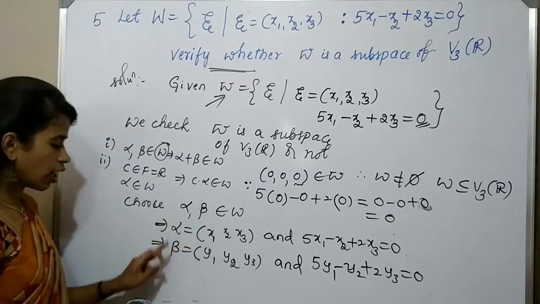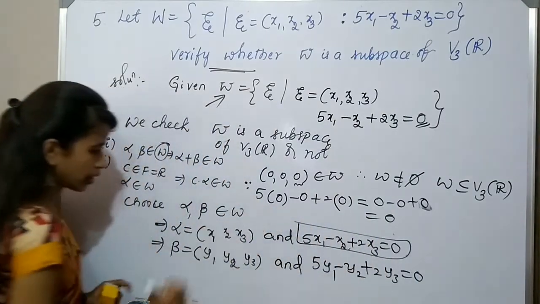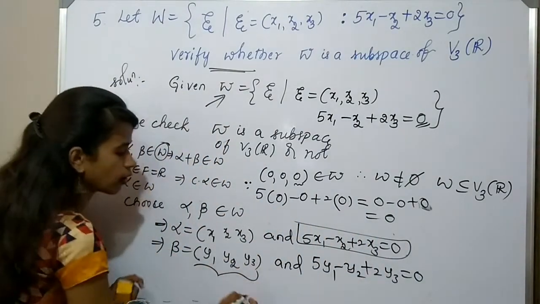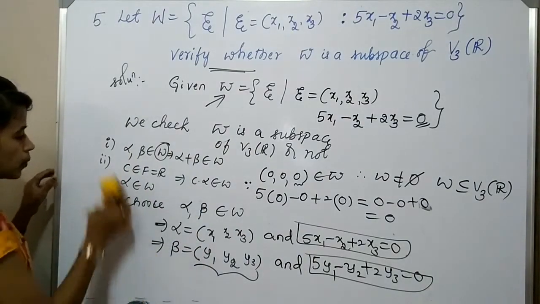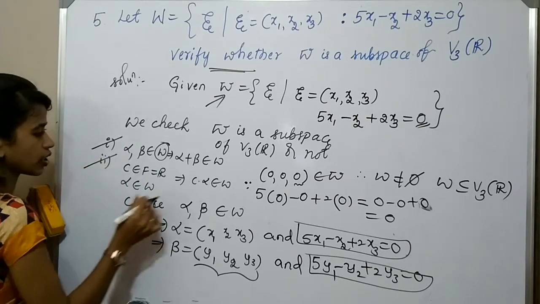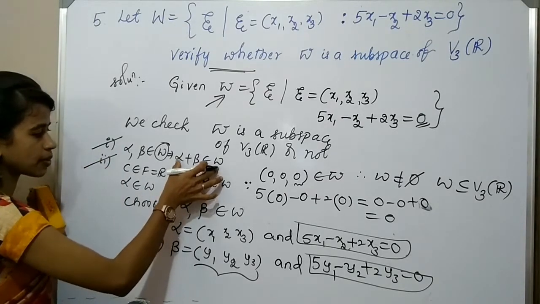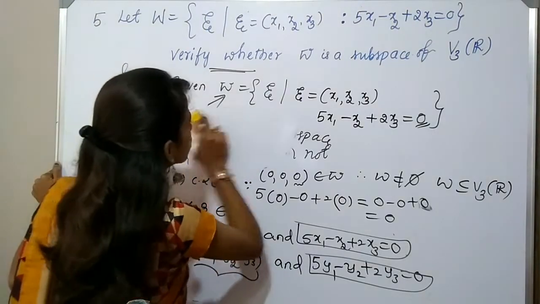So alpha, beta belong to W. It means alpha is in this form and satisfies this, and beta is in this form and also satisfies this. Then only it belongs to W. So now, what do we have to check? The first condition and second condition. First is whether the sum of alpha and beta belongs to W.